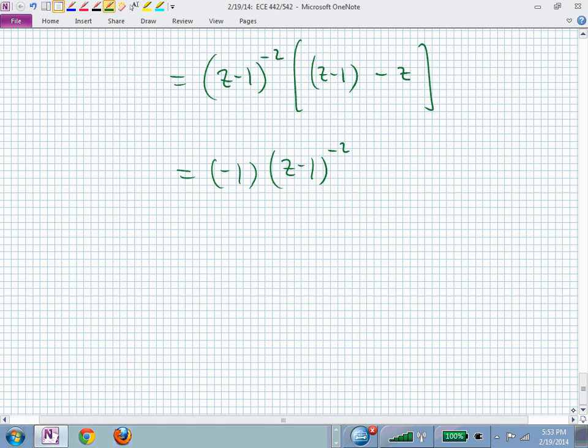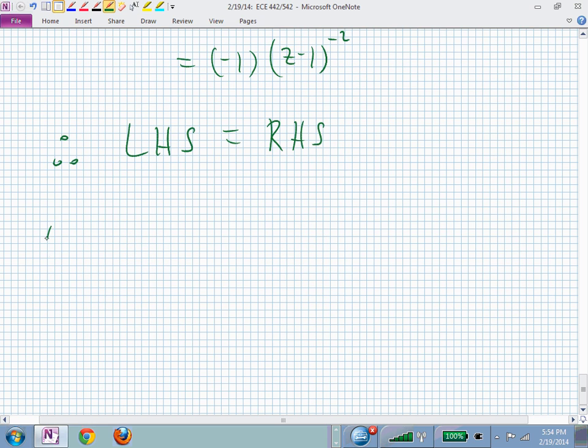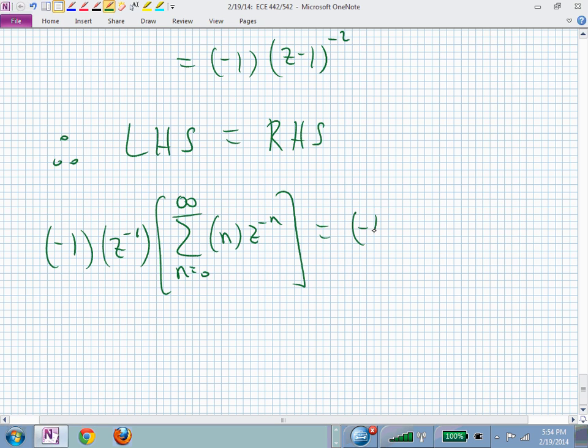And if I now equate the expression that I derived for the left-hand side and set that equal to what I just found for the right-hand side, I now have the left-hand side was a minus 1 z to the minus 1 times this sum from n equals 0 to infinity of n z to the minus n, and that's equal to this minus 1 z to the minus 1 to the minus 2.